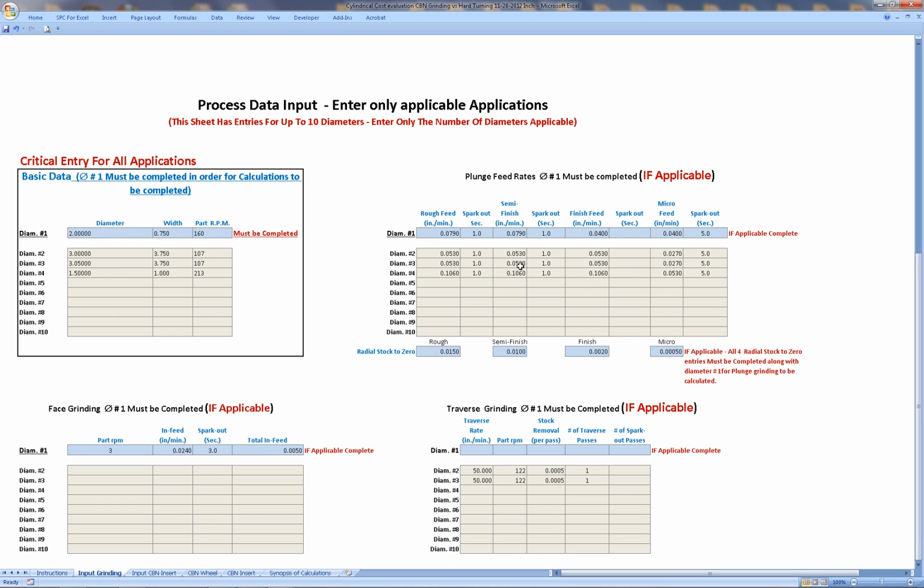We'll get to that later. The next level, I've kept them the same. Also left another 1 second between the two, and then you can see we start seeing a change in the in-feed rate. We've gone from 79 thousandths to 40 thousandths and maintained that through the grind. Skipped over spark out between finish and micro, and left 5 seconds each for each diameter at the end.